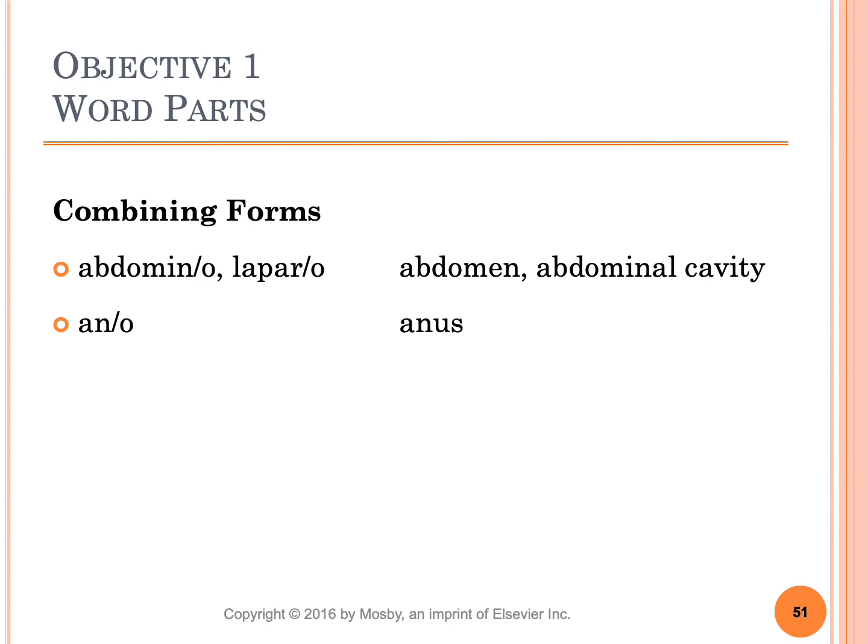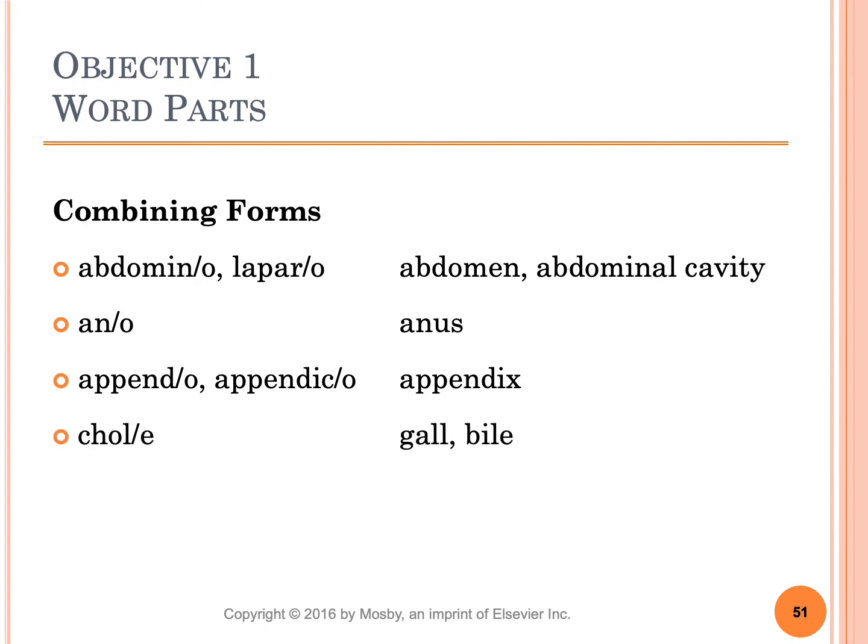Appendo or appendico refers to appendix, and this is that little worm that's attached to the cecum. For a long time we didn't really think that the appendix did anything for us at all, but we have discovered that it might help maintain the healthy microorganisms that live in the digestive tract.